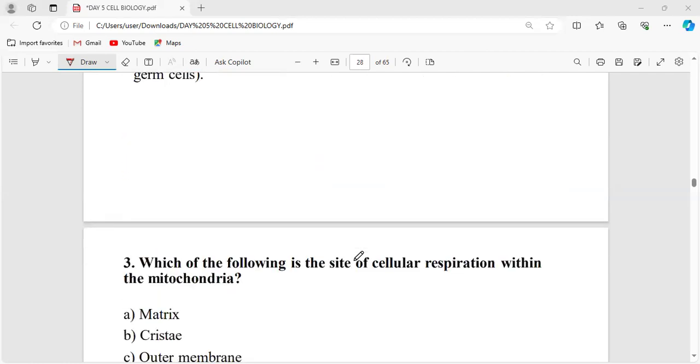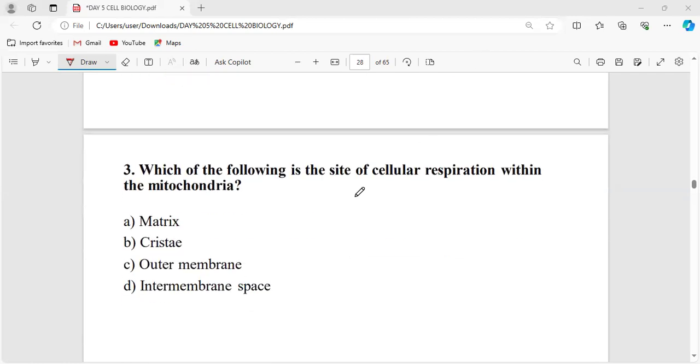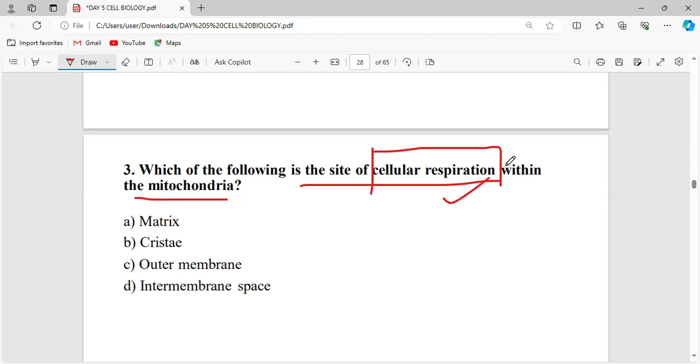Okay, don't get confused. Now, which of the following is the site of cellular respiration within the mitochondria? First of all, just tell me what is meant by cellular respiration and what are all the things coming under cellular respiration. Simply, I'm asking what are all the steps happening in cellular respiration. After that, answer this question.